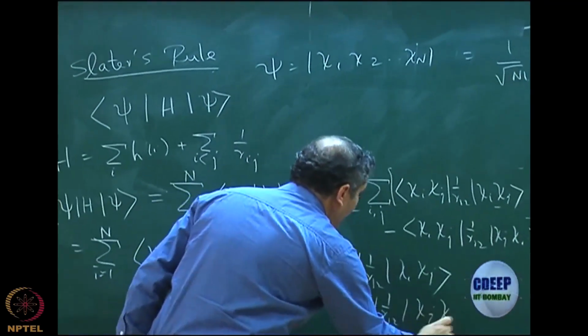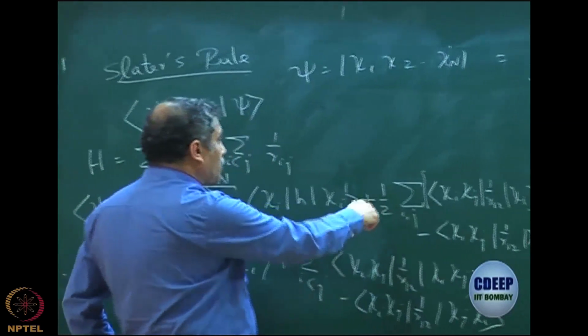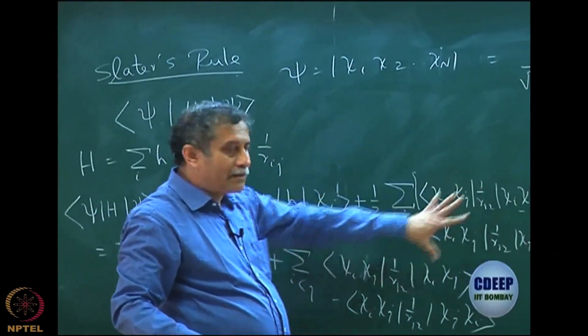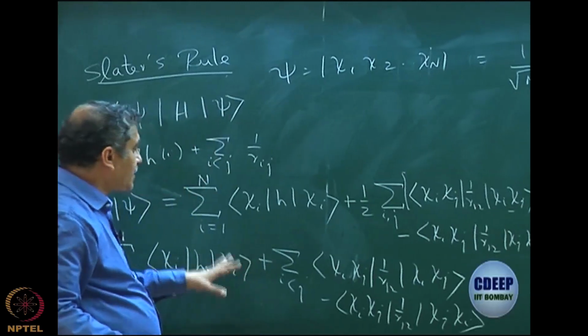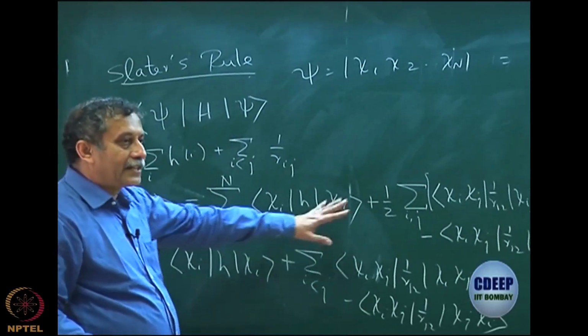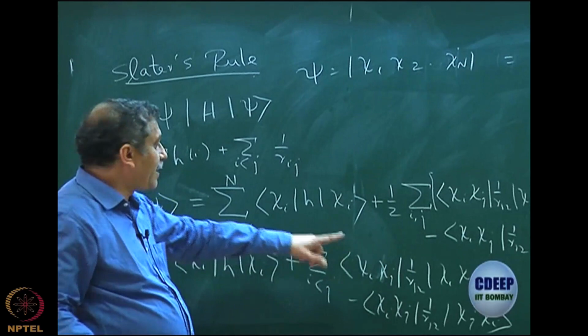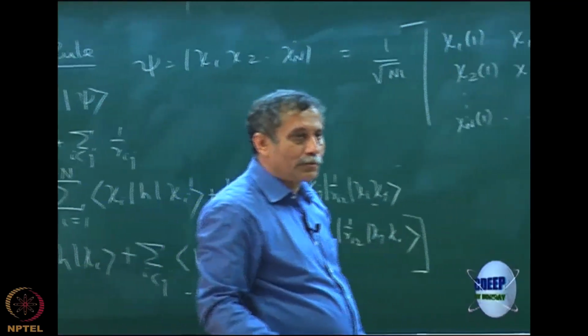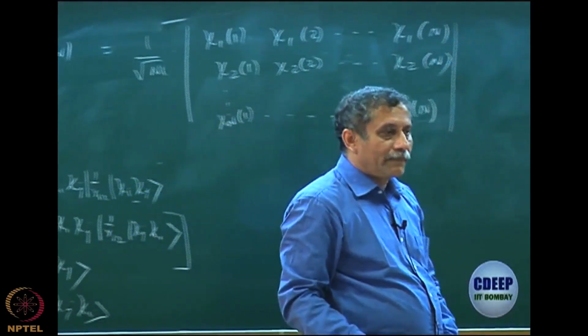And we noted why it is so, because for i equal to j the entire term is 0. Of course, each of them is not 0, but the entire term is 0, and for i less than j and i greater than j, they are identical. Okay, so I can write only one term and knock off this half. So half into 2 becomes 1. Is it clear?